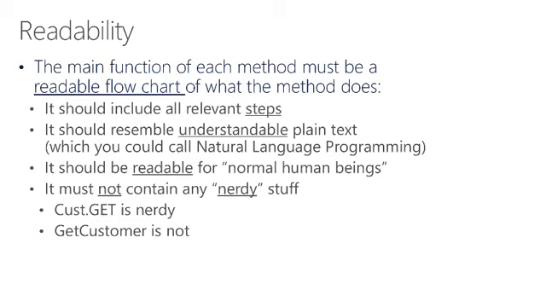If you don't use flow charts in your business requirements, you should start doing flow charts today, because using flow charts, you can translate that almost directly into function calls inside of a main method code unit. It should include all the relevant steps, and it should resemble understandable plain text. So it should be readable for quote unquote normal human beings.